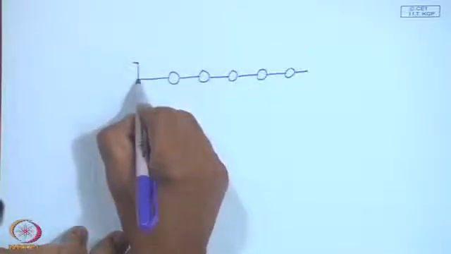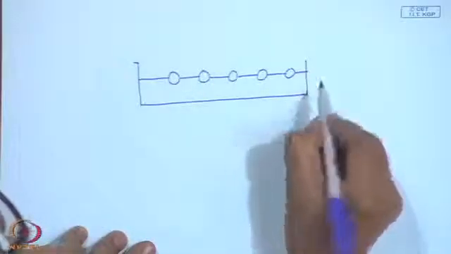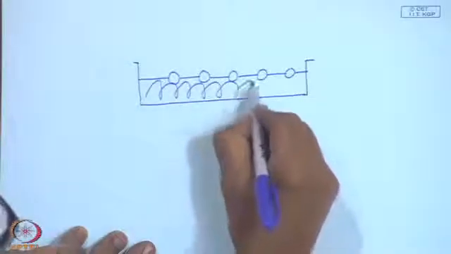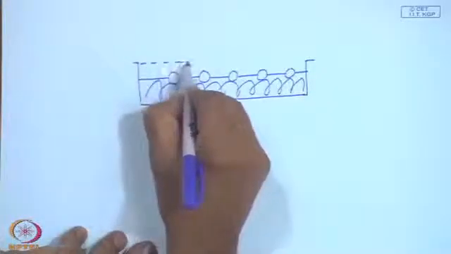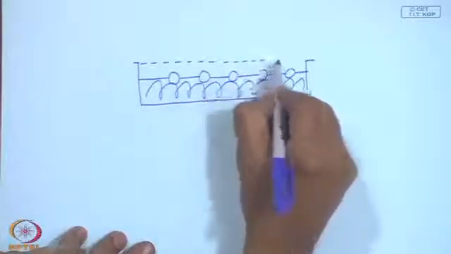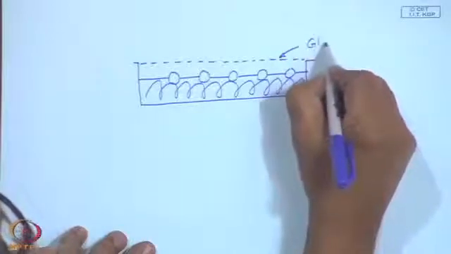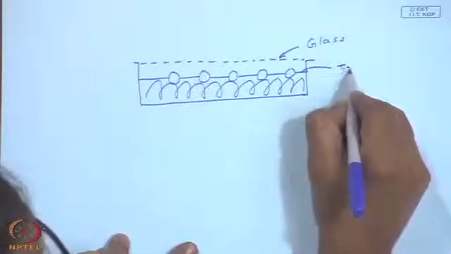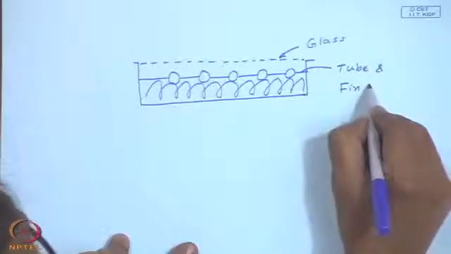This is kept in a box, and the bottom of which is insulated, and there is a glass cover. This is a typical water heater. This is called a tube and fin absorber.